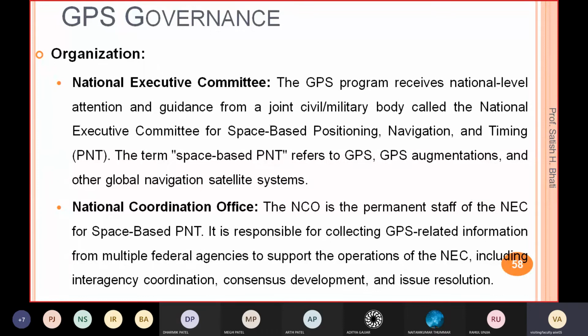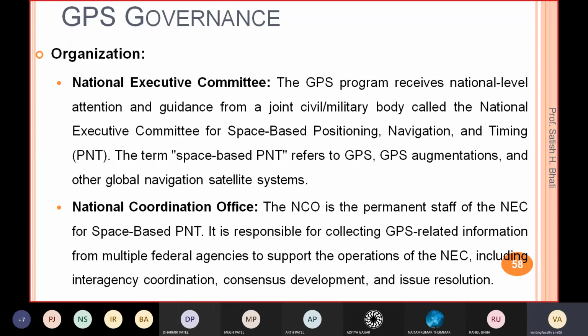Then the National Coordination Office, NCO, right? So the NCO is the permanent staff of the NEC, the National Executive Committee for space-based PNT. It is responsible for collecting GPS-related information from multiple federal agencies to support the operation of the NEC, including interagency coordination, consensus development, and issue resolution.